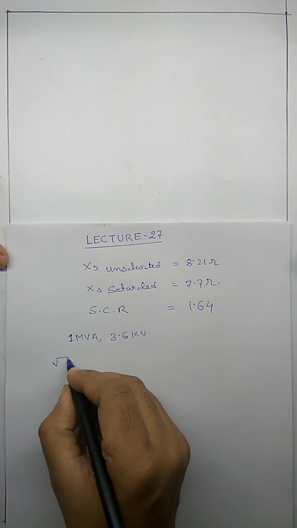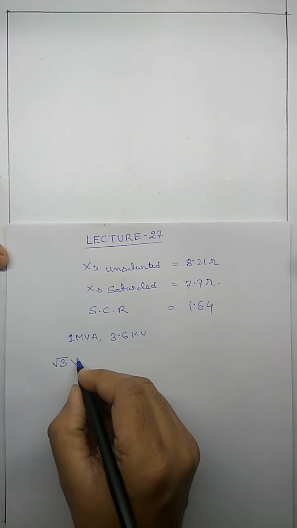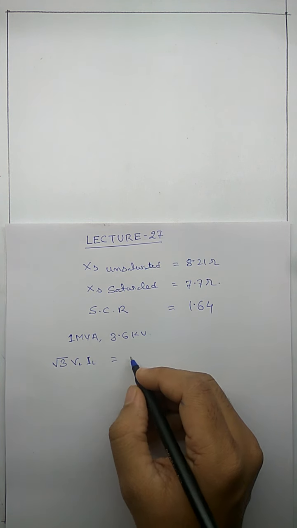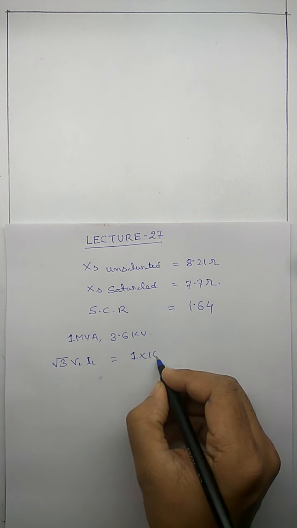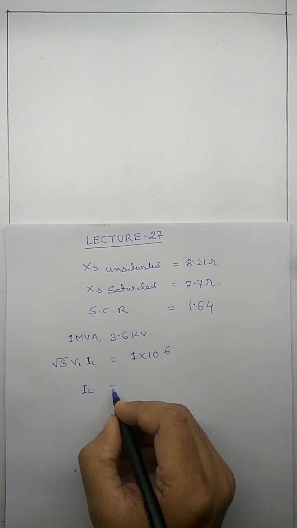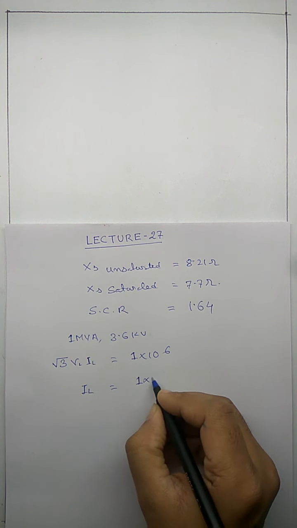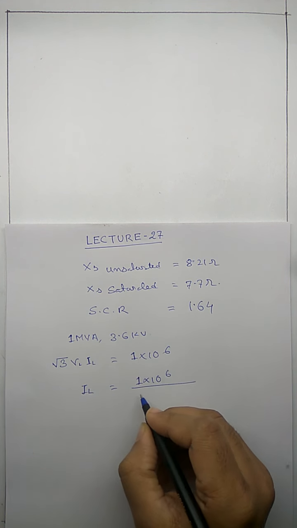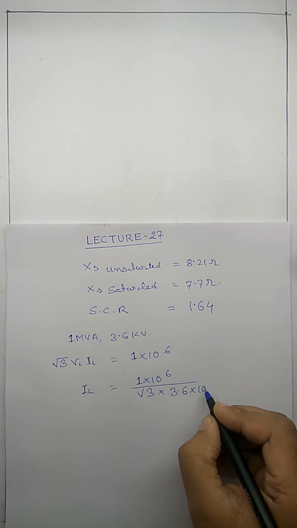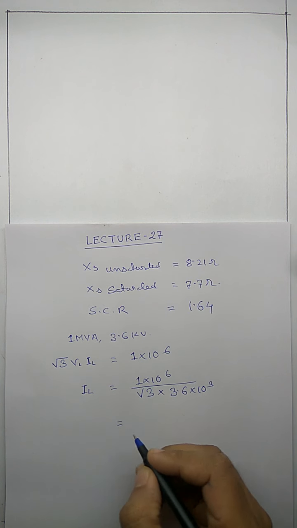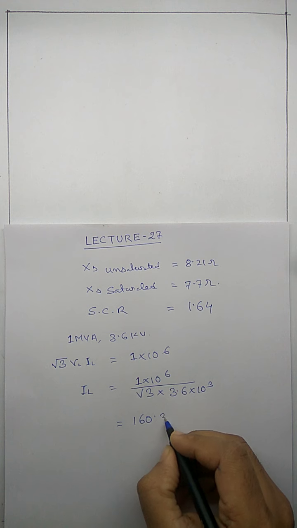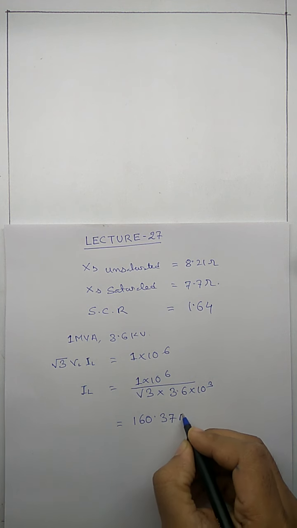How will we do that? We will write: root 3 VL IL is equal to 1 into 10 to the power 6. So IL is equal to 1 into 10 to the power 6 divided by root 3 into 3.6 into 10 to the power 3. If you calculate this, it comes to be 160.37 amperes.